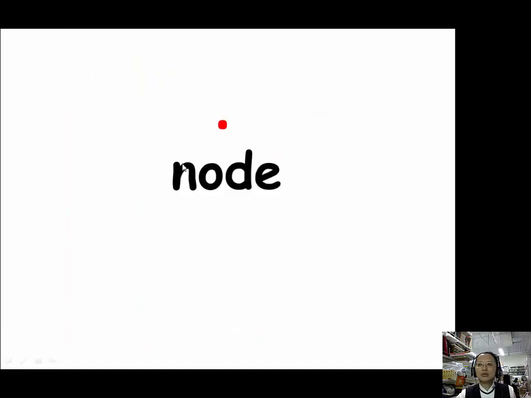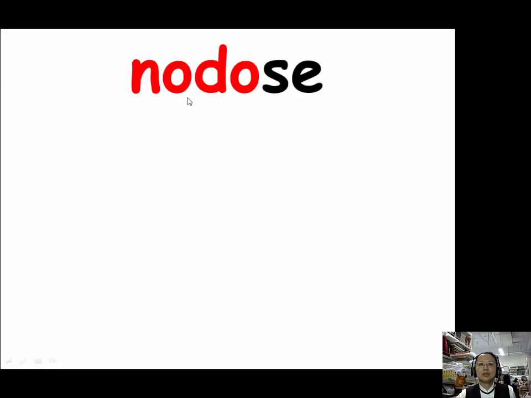When we want to describe things that are shaped like a node, we use the prefix nodo, N-O-D-O. Our example for nodo is nodose. Nodose is nut-like, swollen, or having nodes or projections. Because I can't find a picture, we'll have to imagine that.